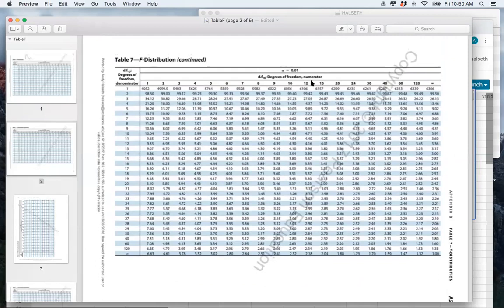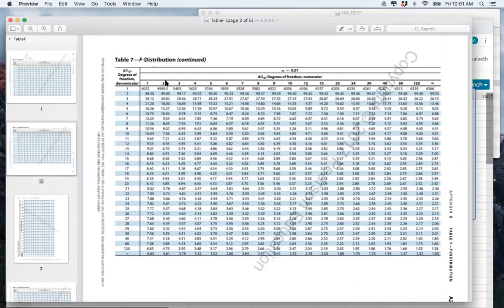So df sub n is specified as k minus 1, where k is the number of samples, or how many categories, or how many medicines in this case, which would be 3. So k is 3, 3 minus 1 is 2. So my dfn is 2.